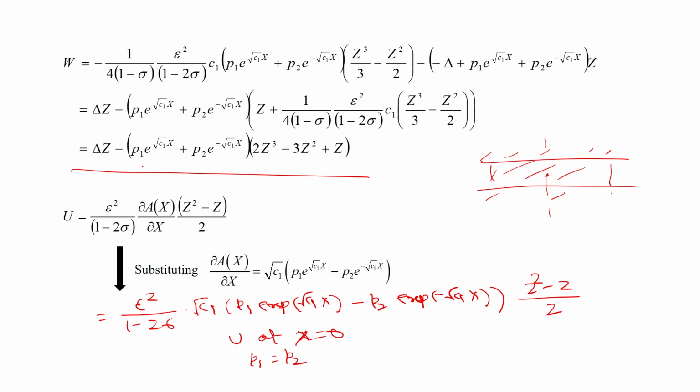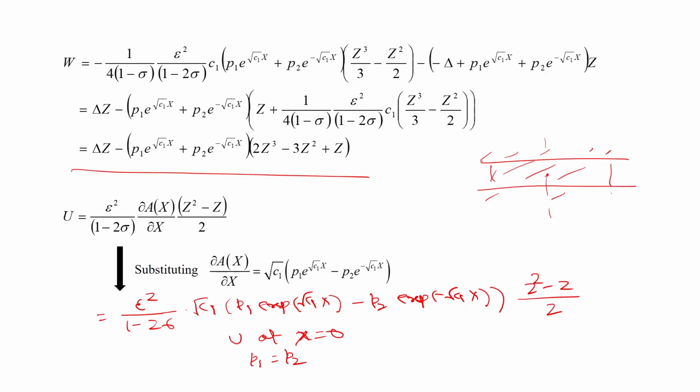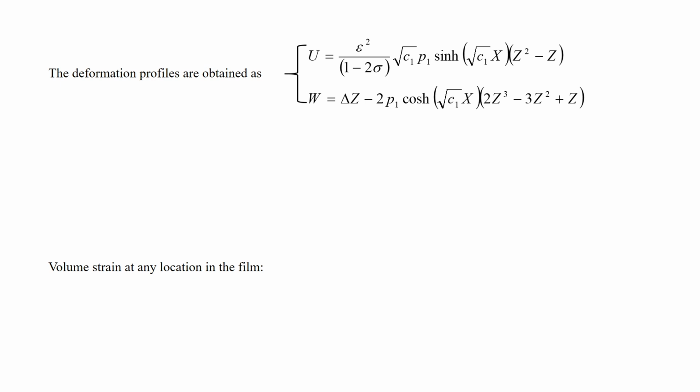I have divided by 2, so I have to multiply it by 2. So, it is not half, it should be 2 here, and this is 2z cube minus 3z square plus z.